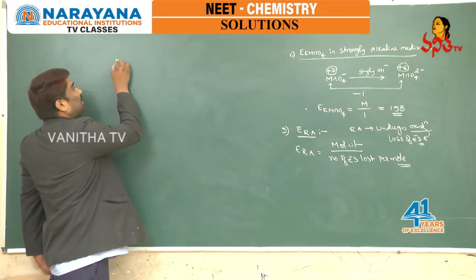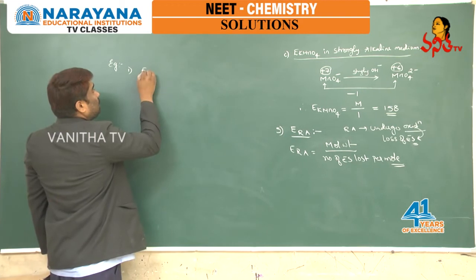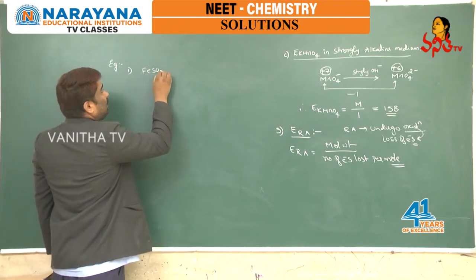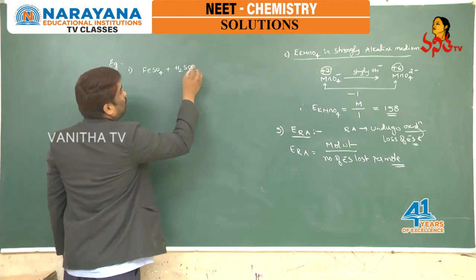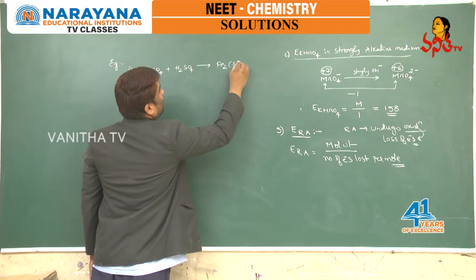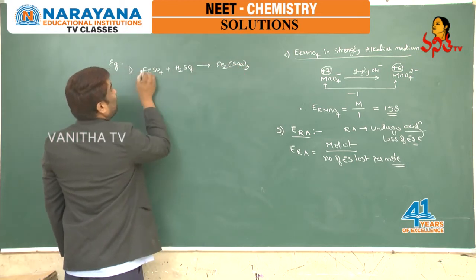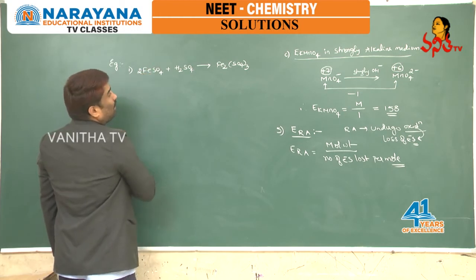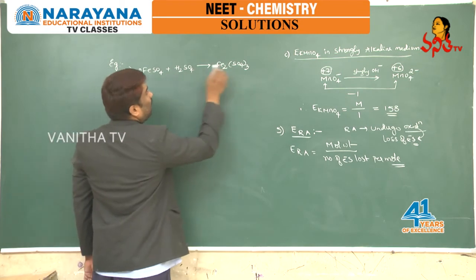So, if you take some examples, example 1: FeSO4, ferrous sulfate, in acidic medium is changed to ferric sulfate, that is Fe2(SO4)3. So, 2 irons are there, make it 2 FeSO4. It becomes Fe2(SO4)3. The number of sulfates is the same, but here 2 hydrogens are there.